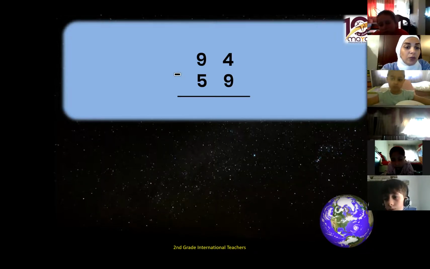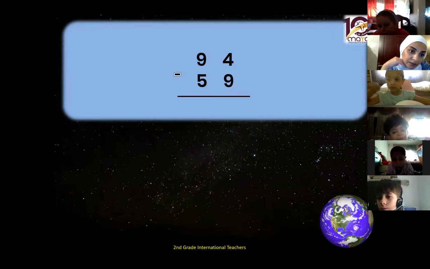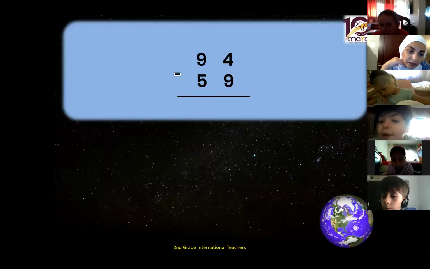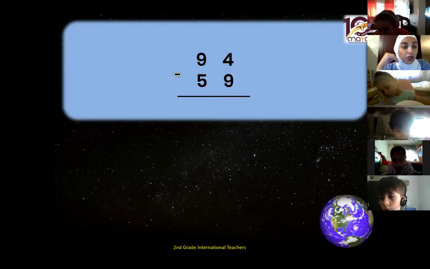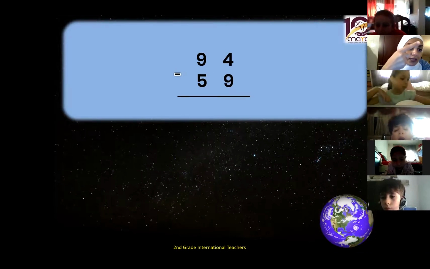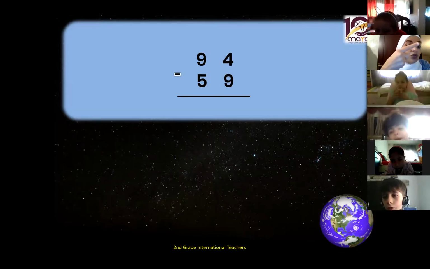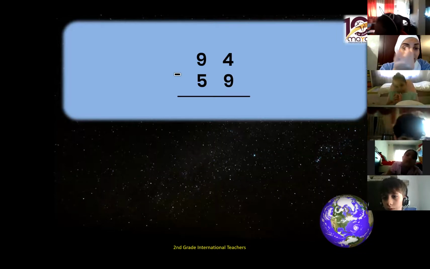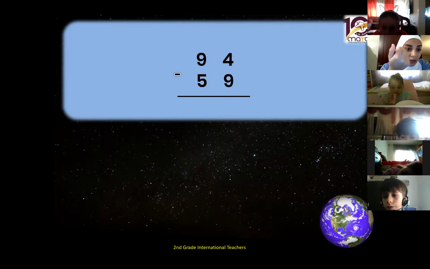Do we have more on top or more on the floor? More on the floor. Good. So now we go next door to do what? To get 10 more. Good job.